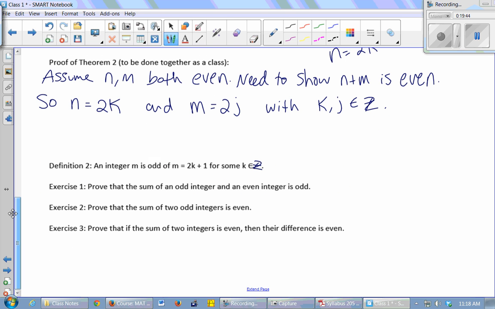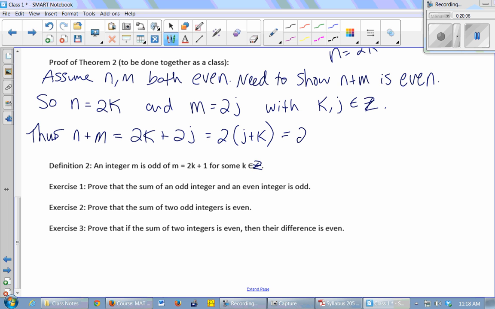All right, so thus, n plus m is going to be 2k plus 2j. Pull out a 2. 2 times (j plus k). j plus k is itself an integer, right?